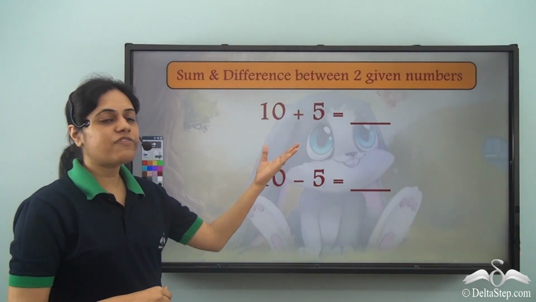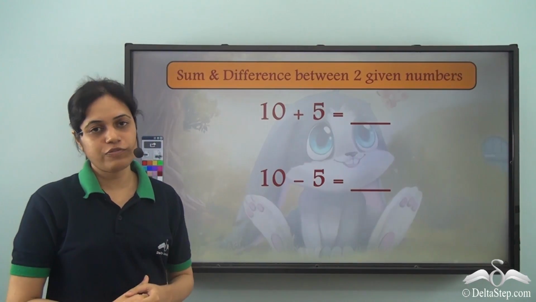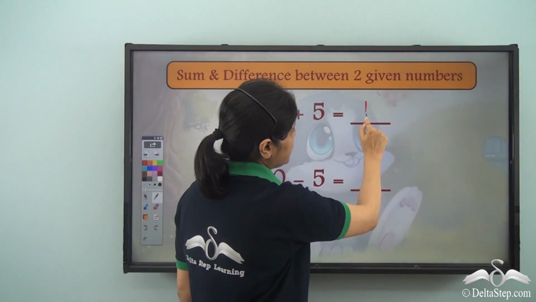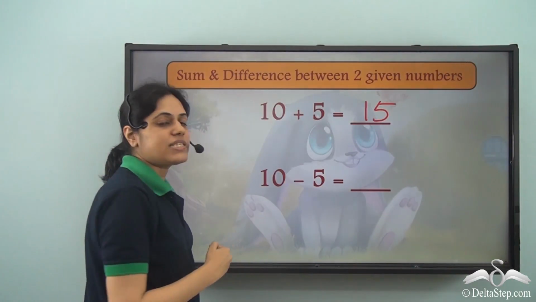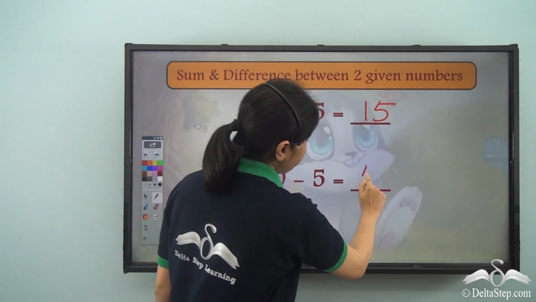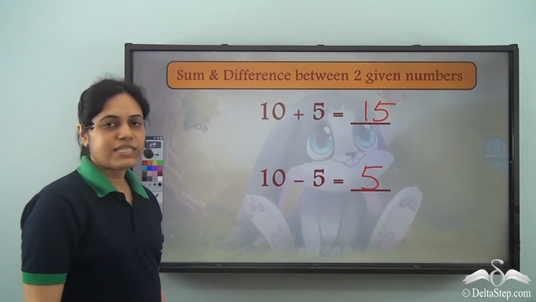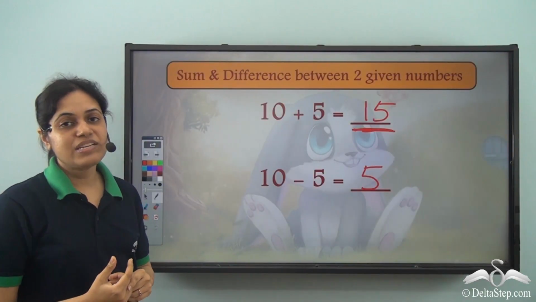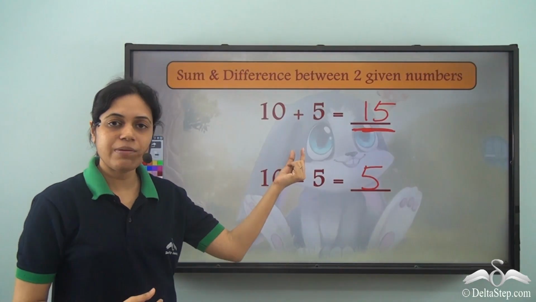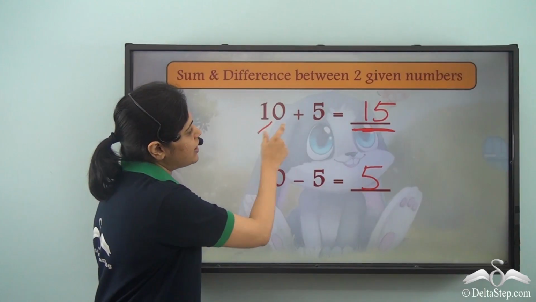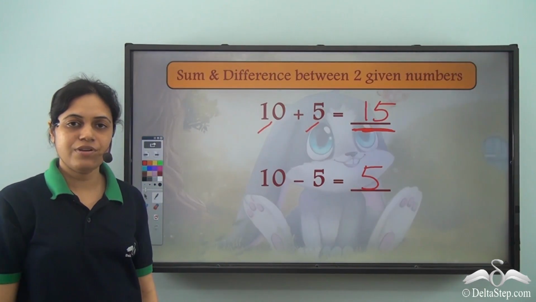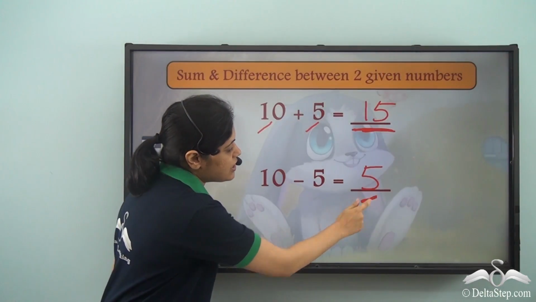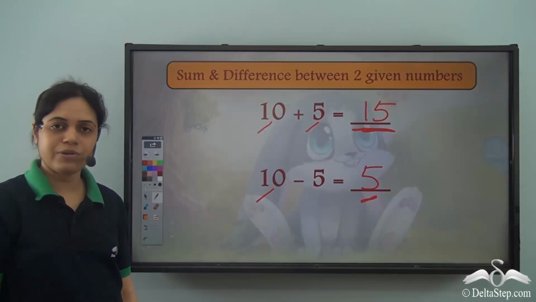Well, let us first find the sum and difference of these numbers. What is 10 plus 5? 15. What is 10 minus 5? 5. Now we see that when we add these numbers, the sum is greater than each of the numbers. So 15 is greater than 10 and greater than 5. Whereas when we subtract, I see that the difference is smaller than this number.